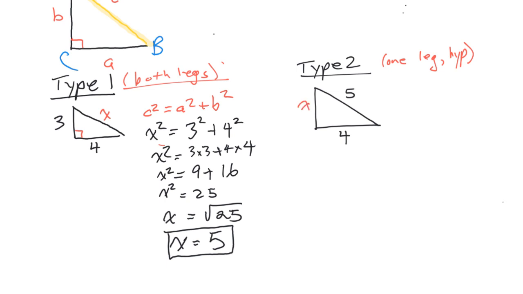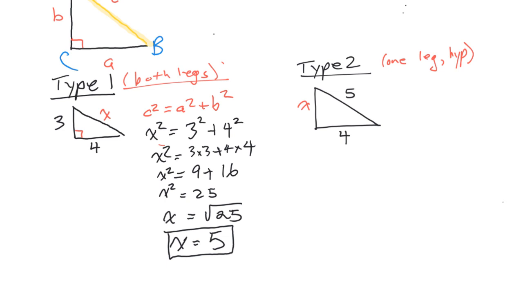And now that we've labeled our side x again, this is how we calculate x. Now, to remember, the original equation for the Pythagoras theorem was c squared equals a squared plus b squared. Now, what we're going to do is rewrite the equation so it's in terms of one of the legs that are missing.